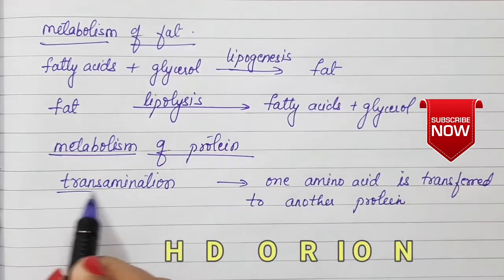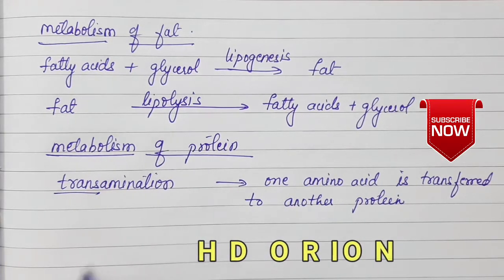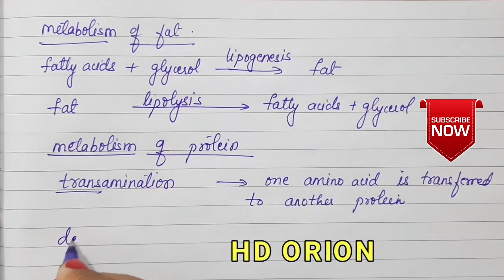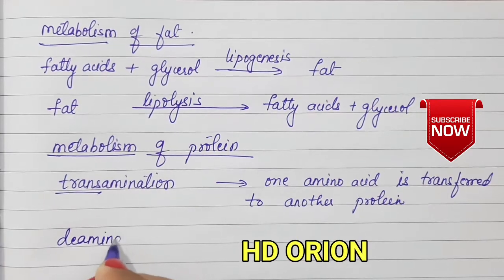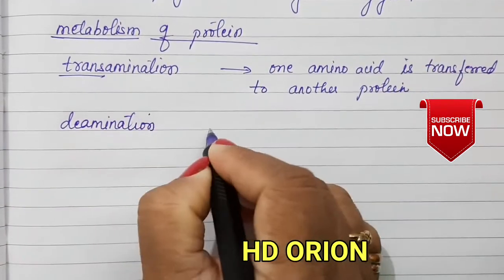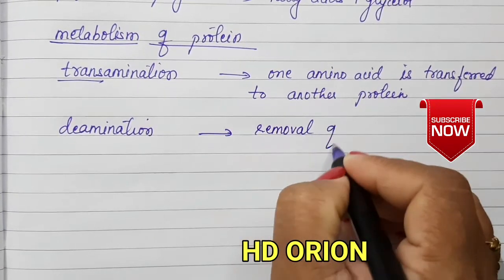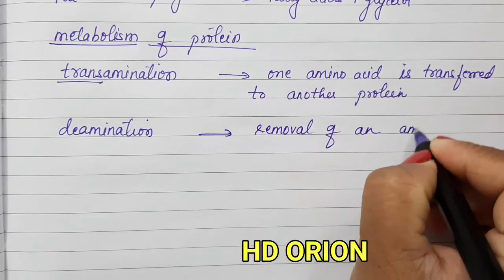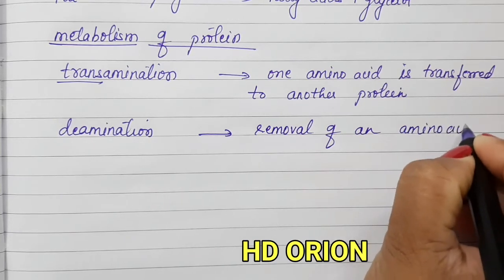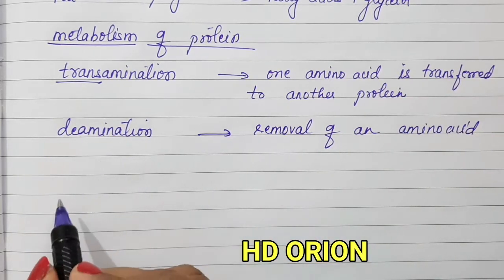So trans means to shift. There is another one which is known as deamination, which is the removal of an amino acid. So these two are the processes.